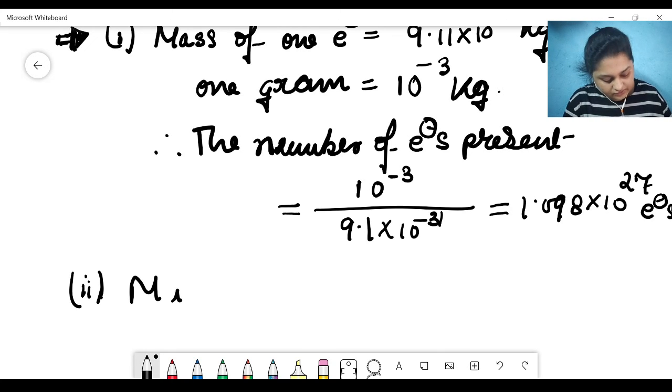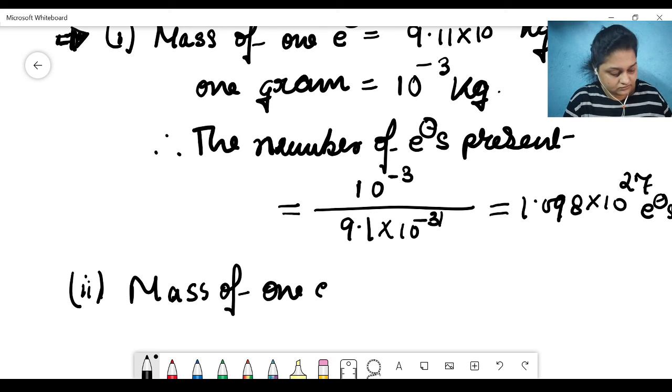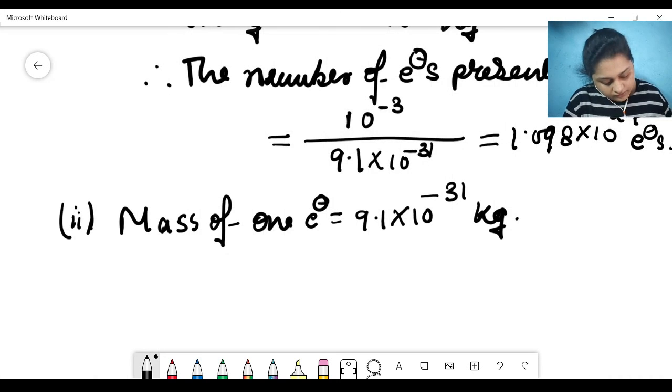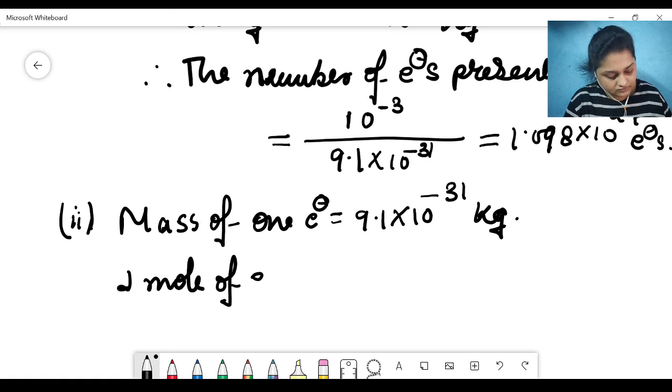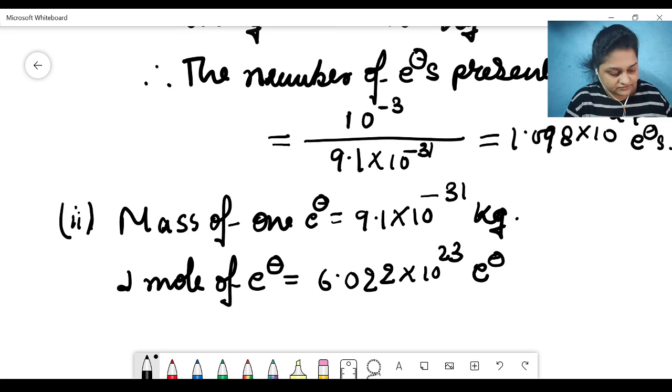Now, the mass of 1 electron is 9.1 into 10 to the power minus 31 kg. 1 mole of electron is equal to 6.022 into 10 to the power 23 numbers of electrons.